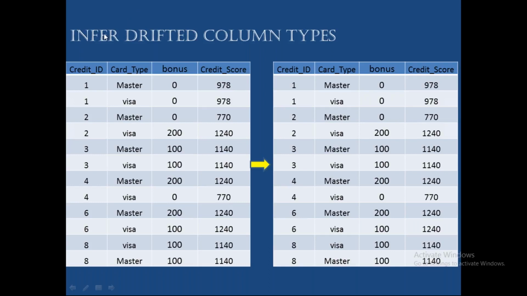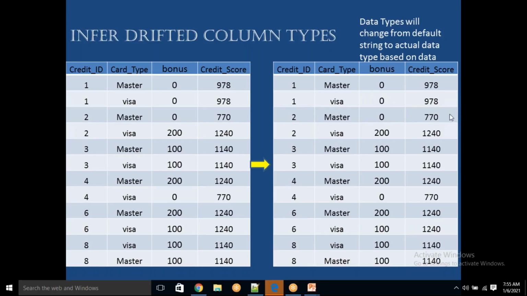When you check this option, infer drifted column types, this particular column's data type will be taken as the original data type. What is the data type of this? By default, it will be string, but when you allow infer drifted column types, then it will change to the data type based on the data. So here you have a number, so it will consider it as an integer. Clear, friends? Everybody's clear?